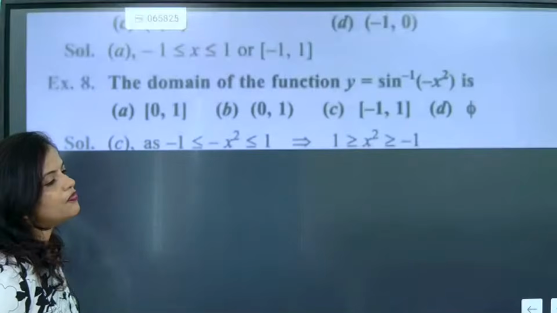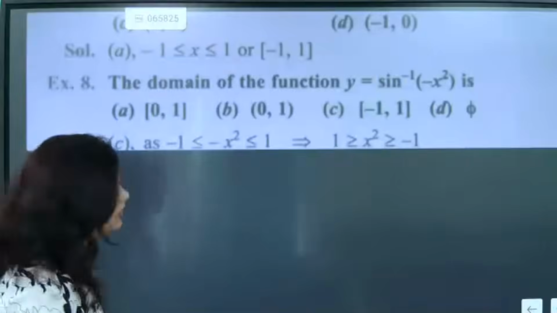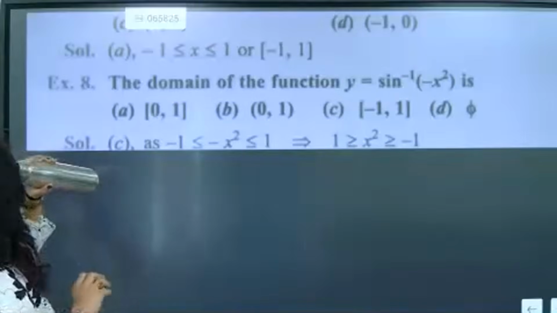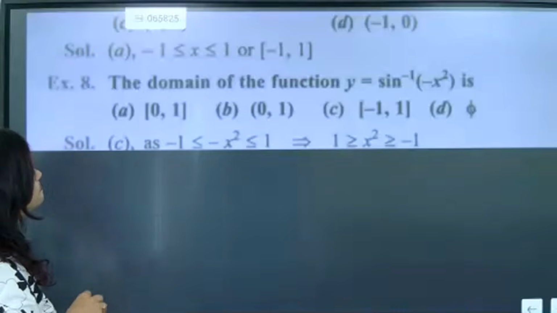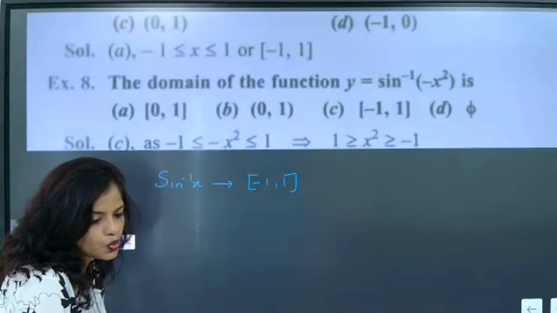The domain of the function y is equal to sin inverse of minus x square. One simple thing I am going to explain in that section. Here it will be minus 1 to 1.